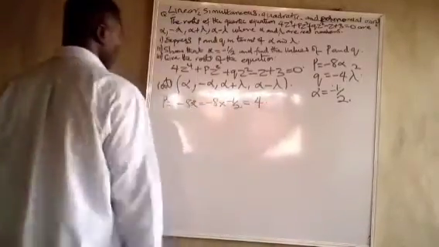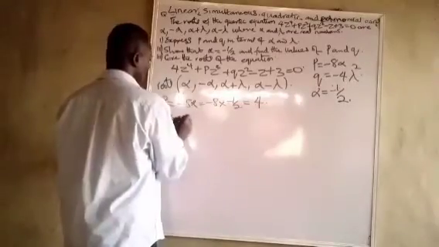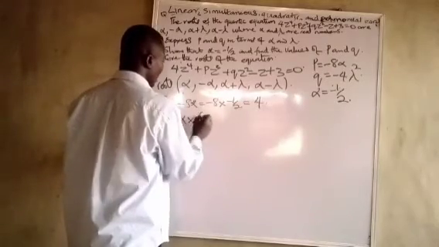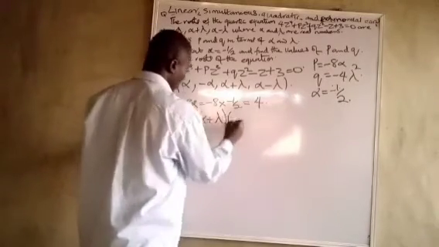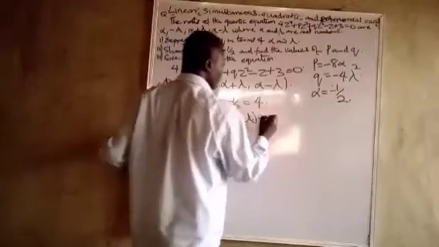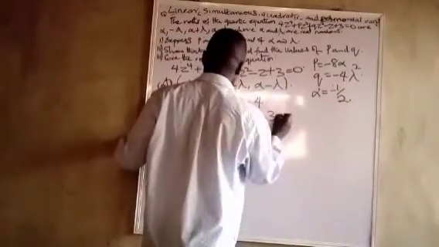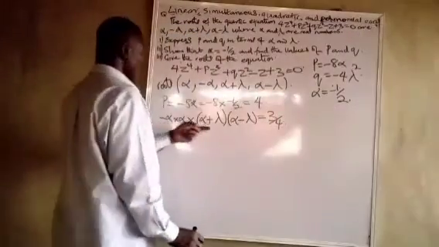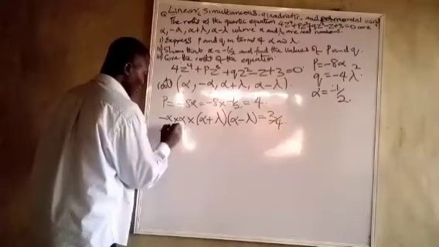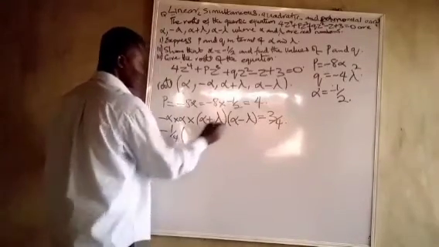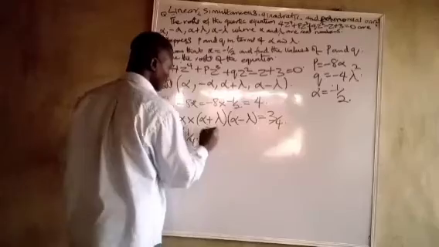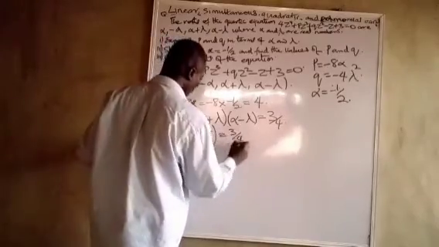So p equals 4. The product alpha times minus alpha times alpha plus lambda times alpha minus lambda is equal to 3 over 4. And this gives minus 1 over 4 into 1 over 4 minus lambda squared equals 3 over 4.